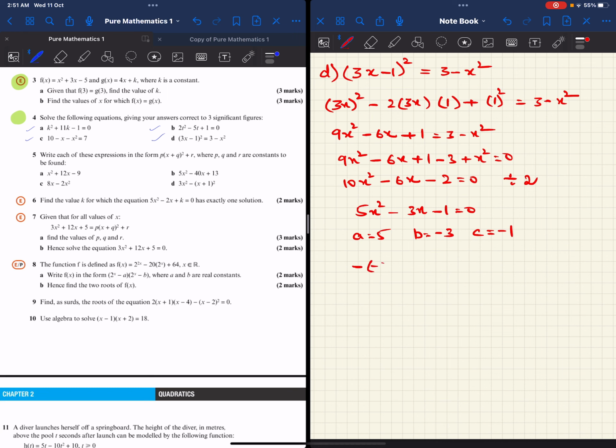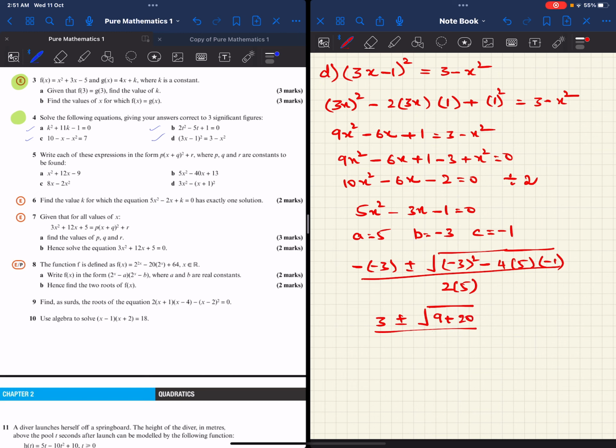So minus b plus or minus square root of b squared minus 4ac, all divided by 2 into a. So we have 3 plus or minus square root of 9 plus 4 5s are 20 and divide by 10. So 3 plus or minus square root of 29 divided by 10.